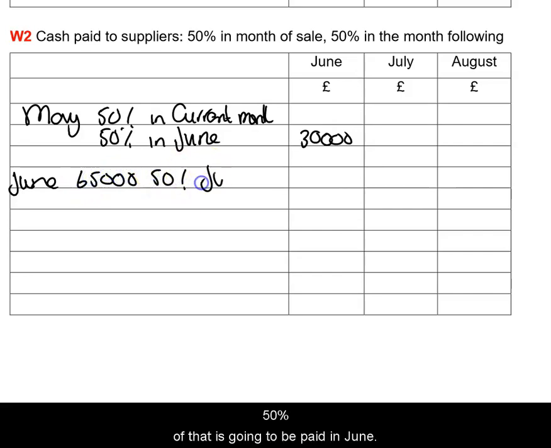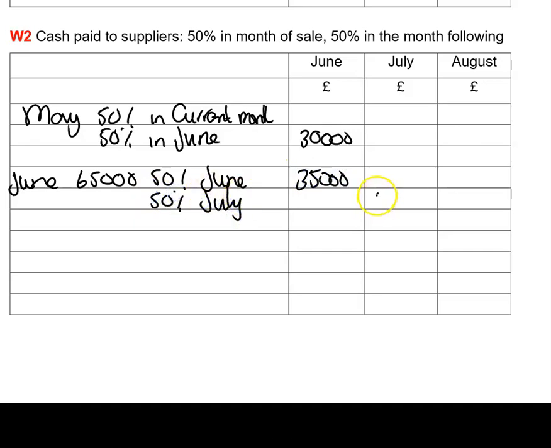In June, we have purchases of 65,000. 50% of that is going to be in June, and 50% in the following month, July.